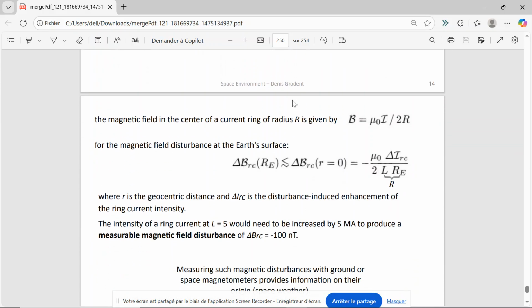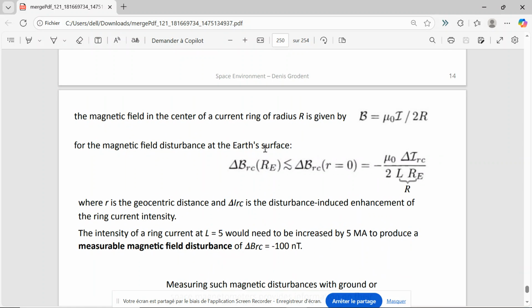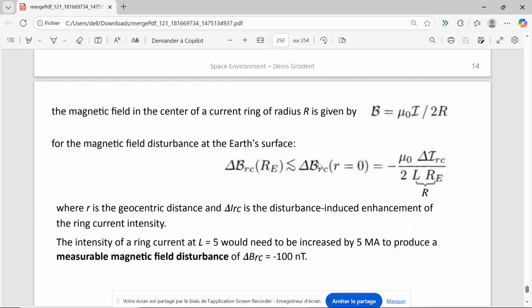The magnetic field in the center of a current ring of radius r is given by this. For the magnetic field disturbance at the Earth's surface, so this is at Earth's radius, this is the variation induced at the Earth's surface.